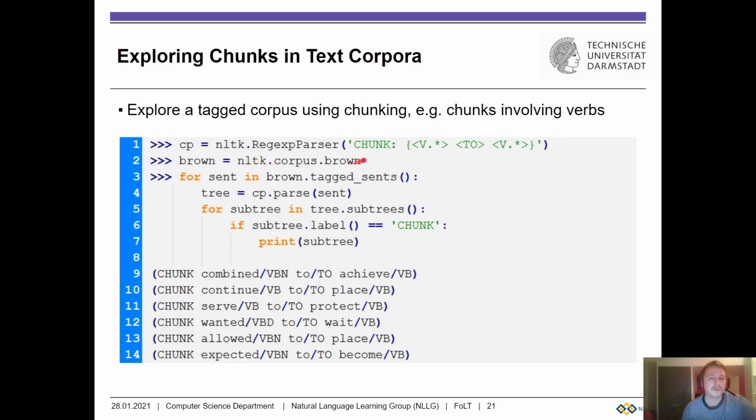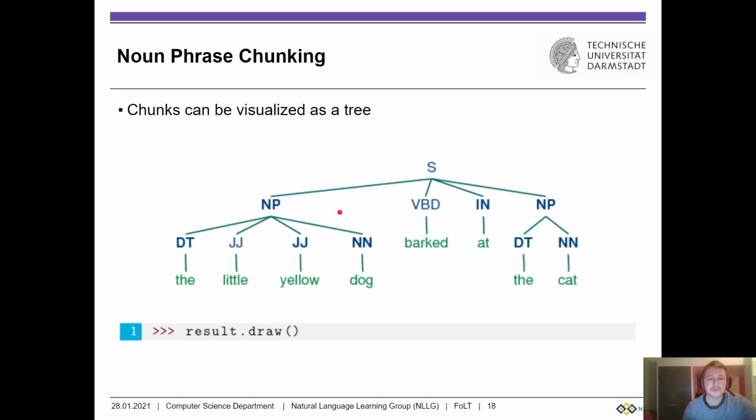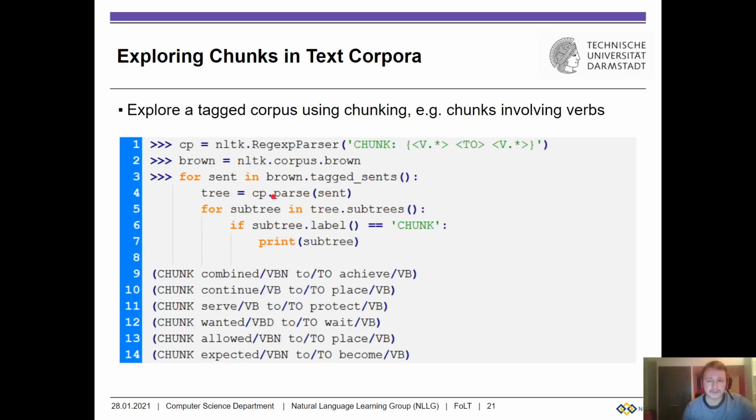Then we go over the Brown corpus, we go over all the tagged sentences, we parse each sentence, and then we go into all the small little subtrees. What are the subtrees? These are these things here of the parsed sentence. So basically these are the individual chunks.